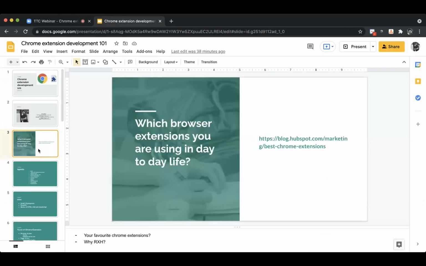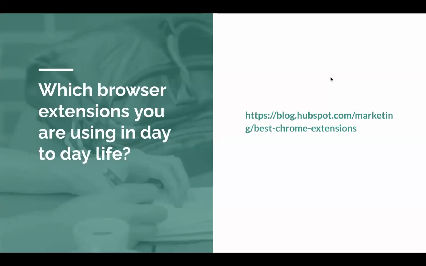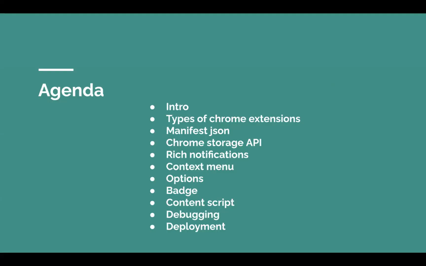So I don't need to explain what a Chrome extension is, right? Everyone is aware of what it does and how it helps. We can quickly go through the agenda. These are the topics that we will be covering in this session. We will have an introduction, and discuss the different types of Chrome extensions, what a manifest JSON is, and the Chrome storage API: how you can store a variable value to the Chrome storage.